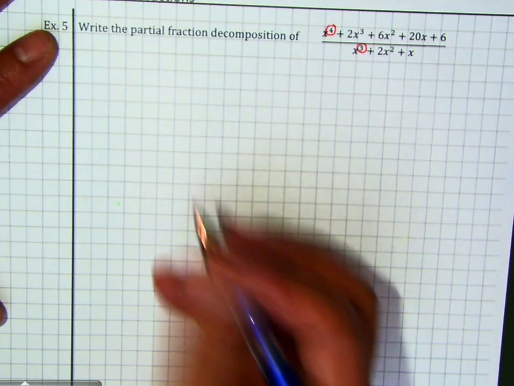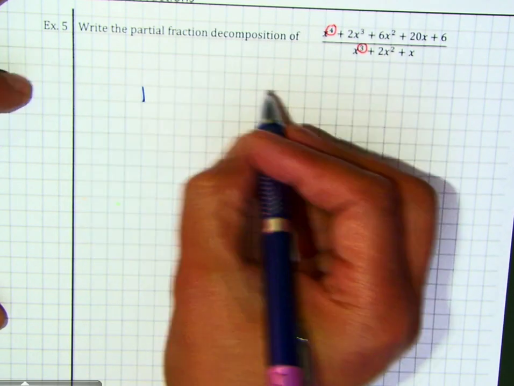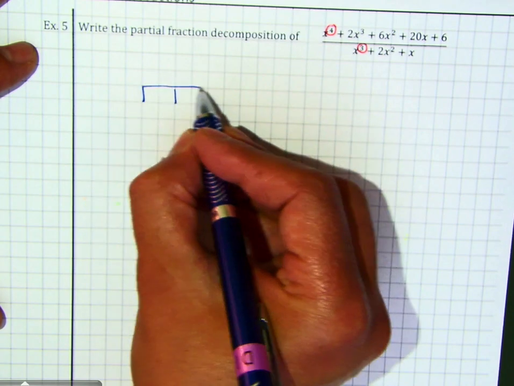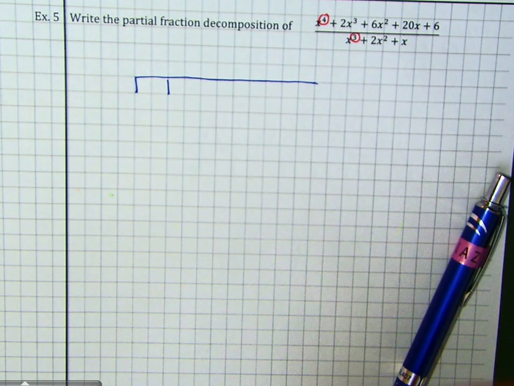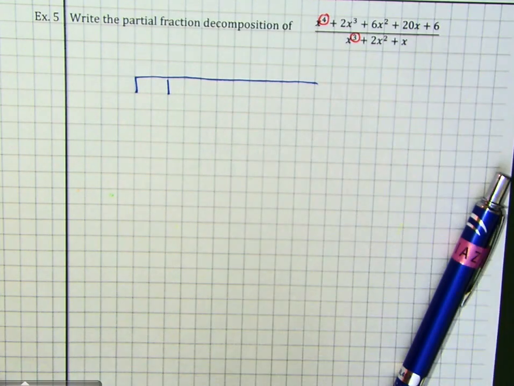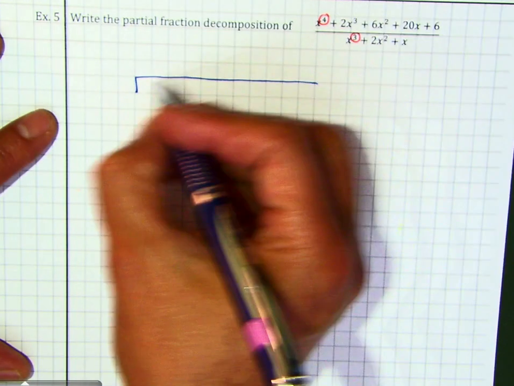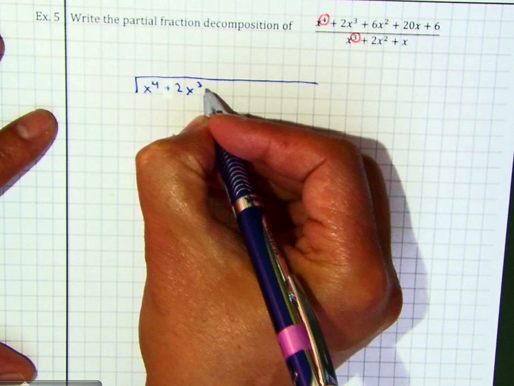So I'm going to use the long division, and let me make a little more space. So actually, this should be fine. I'm going to use my long division to divide this, and we have x to the fourth plus 2x to the third.